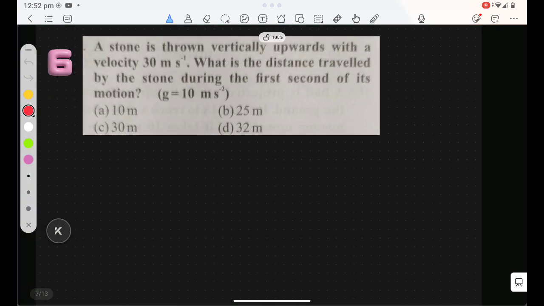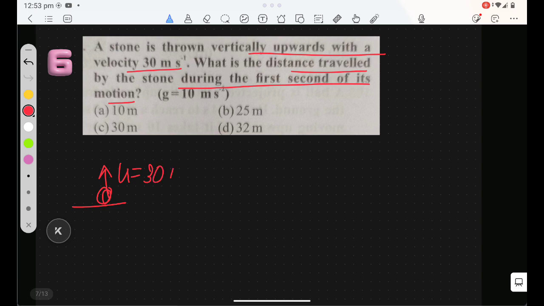Moving to the sixth question. A stone is thrown vertically upward with velocity 30 meter per second. What is the distance traveled by the stone during the first second of its motion? Let's suppose in 1 second it covers h distance.